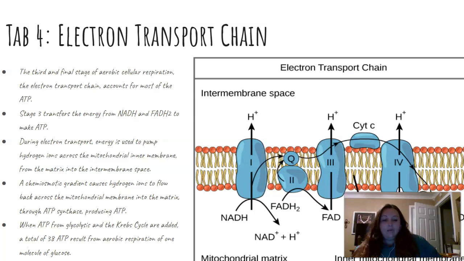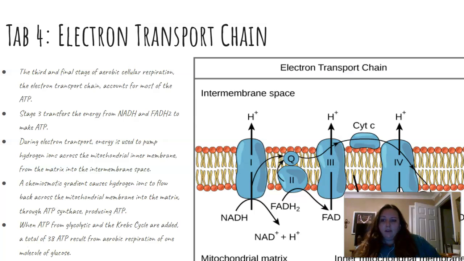Okay, so it's kind of like you have played all the games and now you're playing the best game that's going to get you the best amount of ATP in terms of investment. So stage 3 transfers the energy from NADH and FADH2 to make ATP. So during electron transport, energy is used to pump hydrogen ions across the mitochondrial inner membrane from the matrix into the intermembrane space.